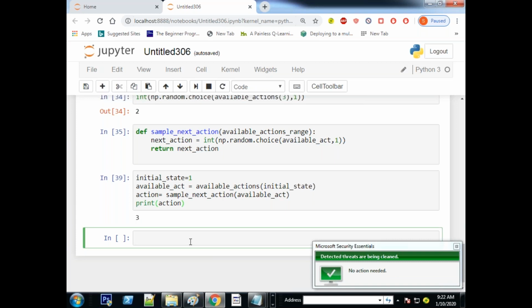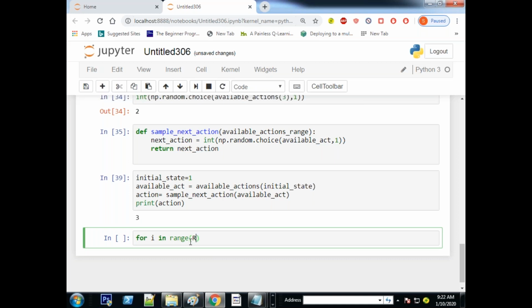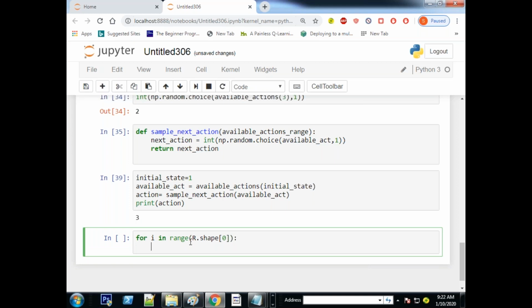Observe in the beginning moment, for I in range of your matrix, shape of 0. That is all possible states, numbers it is taking. You keep the same thing into here. Available underscore actions. Already we developed a function of initial state.